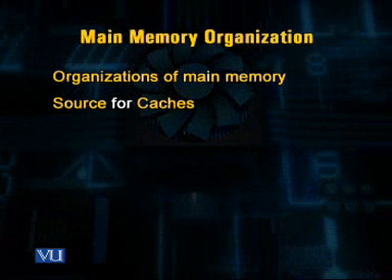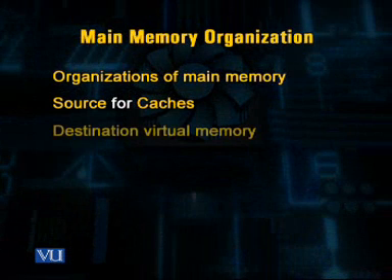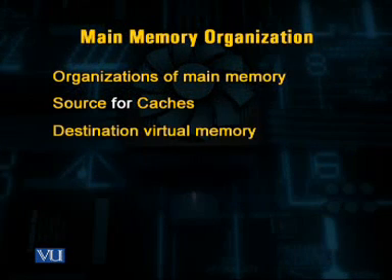The main memory, which is the next lower level from the cache in the memory hierarchy, fulfills the needs of caches, and it serves as the source for caches and the destination for the secondary or the virtual memory.